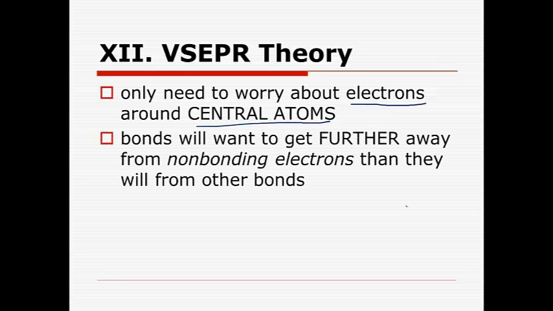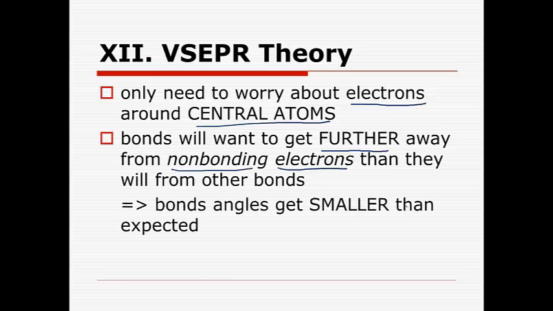Bonds will want to get further away from non-bonding electron pairs than from other bonds. They will be willing to get a little closer to another bond if that means they can get farther away from a non-bonding electron pair. As a result, the bond angles actually get smaller than what you'd expect.